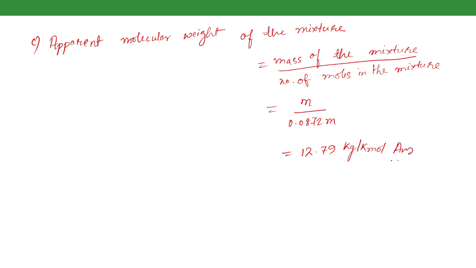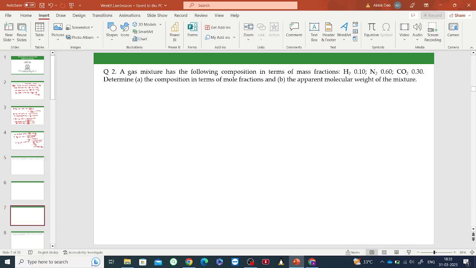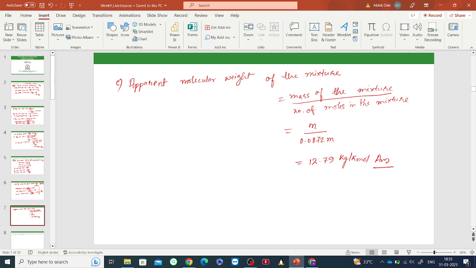It is interesting to note that even if the total mass or anything is not given, only with the mass fractions we can determine the molecular weight of the mixture and the composition of the mixture in terms of the mole fractions.